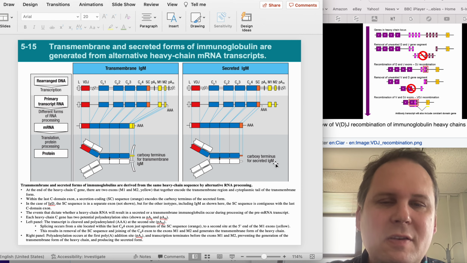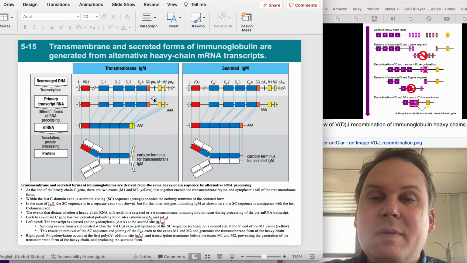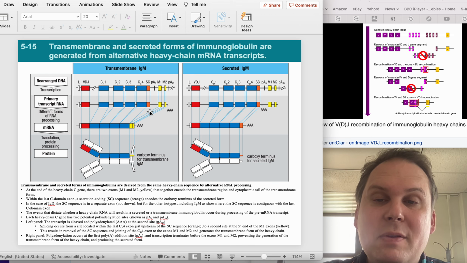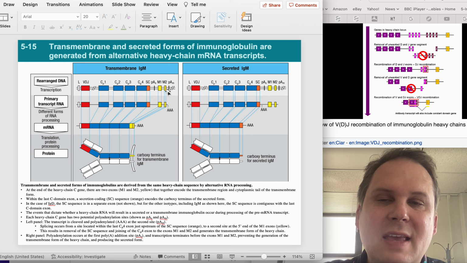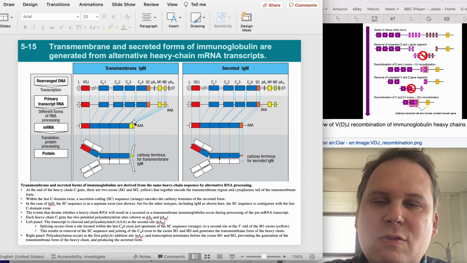or the other alternative is we don't put that SC, the secretory carboxy terminus region in. We're going to put in a membrane region. It's two exons, the M1 and the M2, and those are going to get joined together.